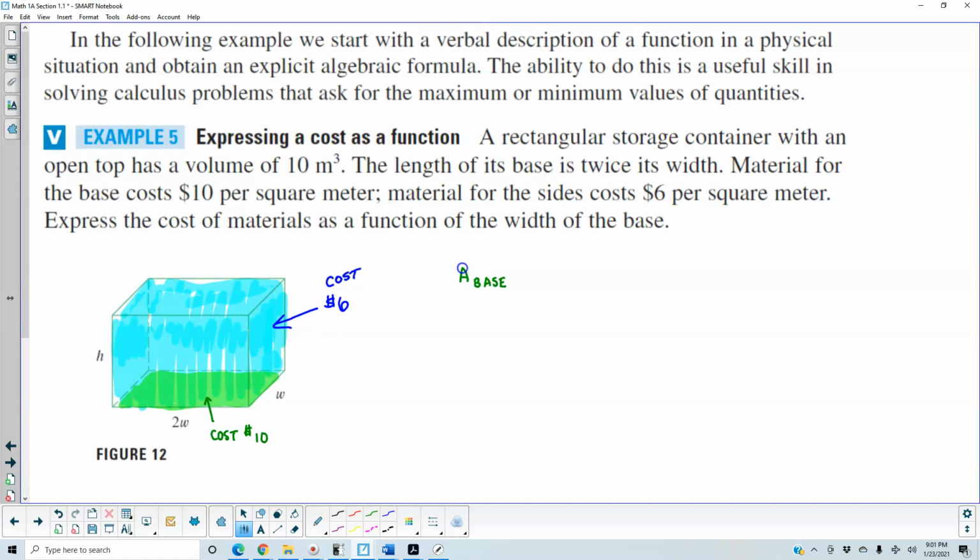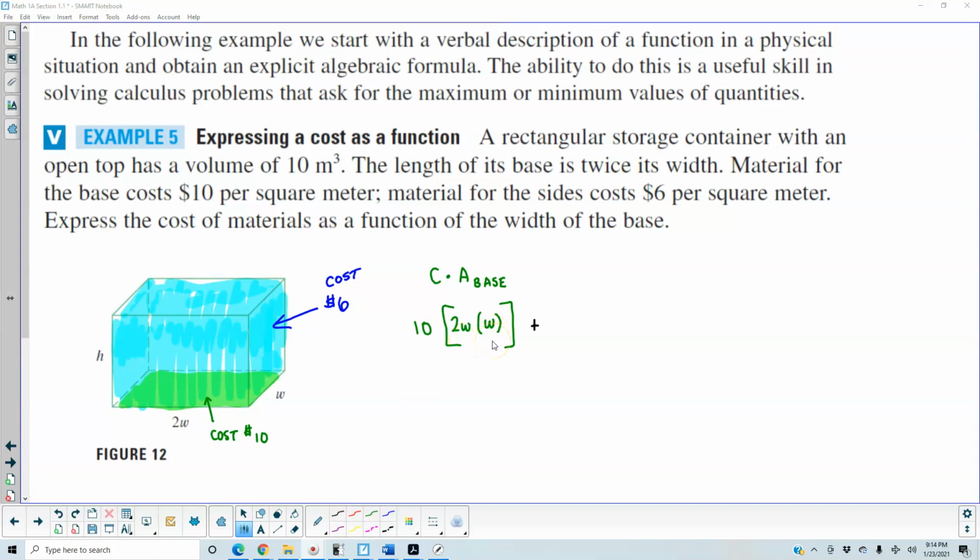The base has a length of 2W, and we're going to multiply it by W. But we also need to multiply it by the cost. The cost of the base is $10. So we have $10 times the area of the base, which is 2W times W.